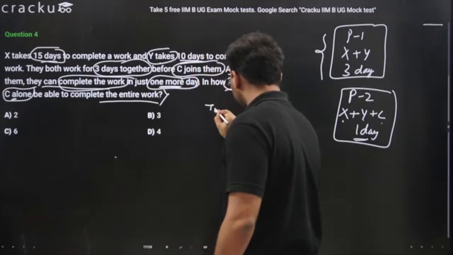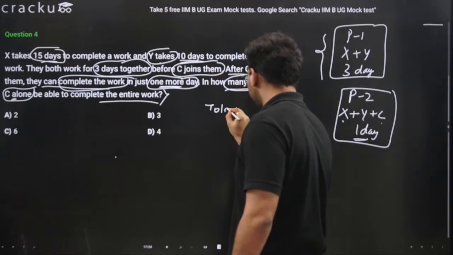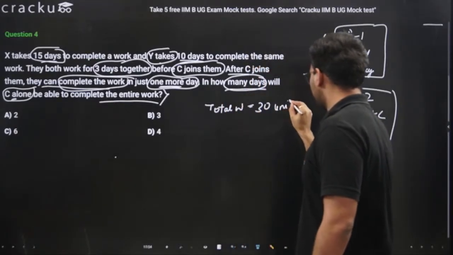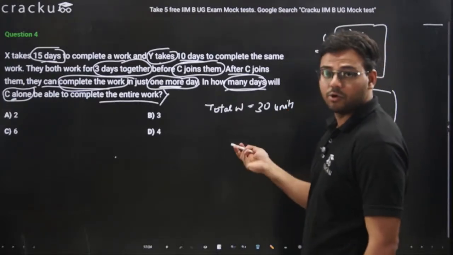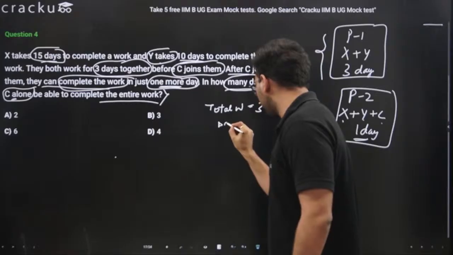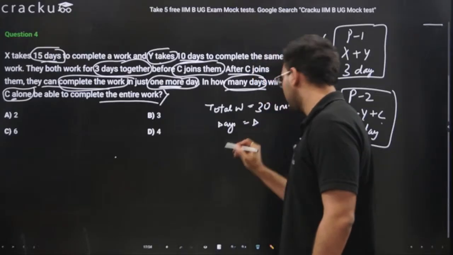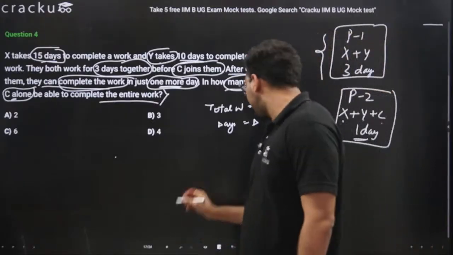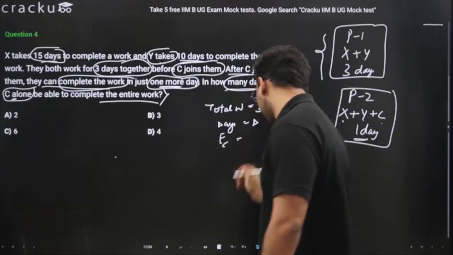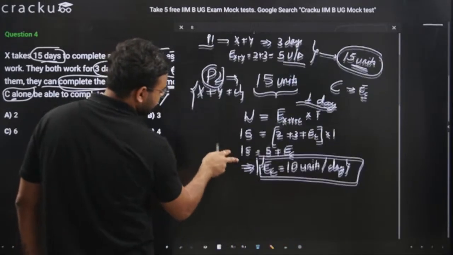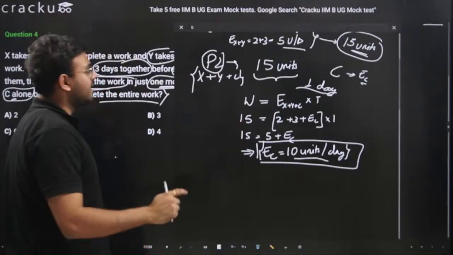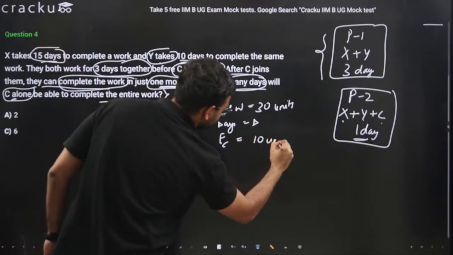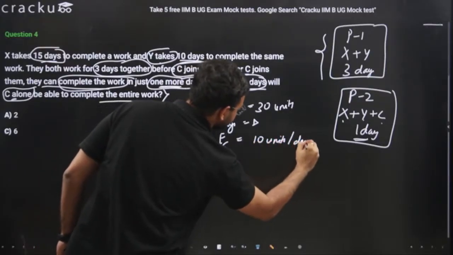So the total work is equal to 30 units. Let the number of days taken by C alone to complete the work be D. The efficiency of C, as we have calculated, is 10 units per day.